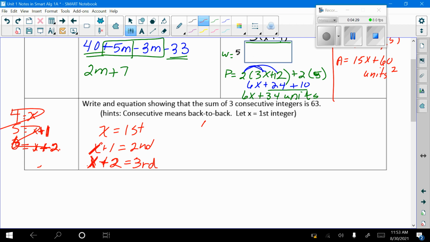So x plus x plus 1 plus x plus 2 equals my total of 63. This being my first number, my second number, and my third number. When you combine like terms, you end up with 3x plus 3 equals 63.